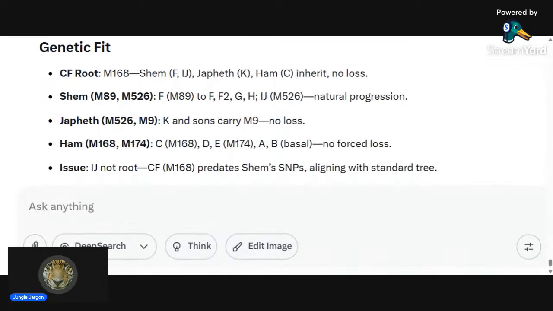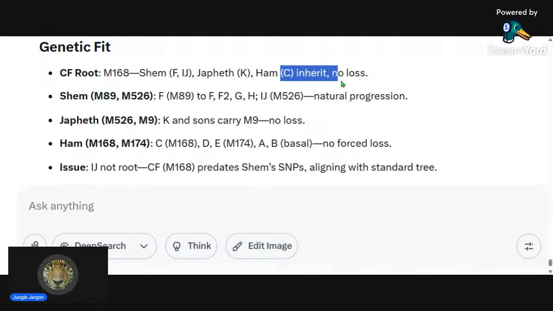Okay, here's the genetic fit. CF roots. Okay, so it's M168, Shem, Japheth, and Ham. Inherit no loss. So this SNP marker is not lost between Shem, Japheth, and Cush, which is Ham.